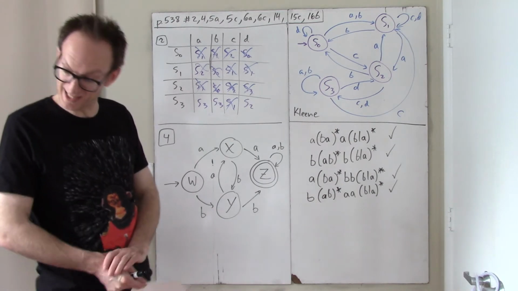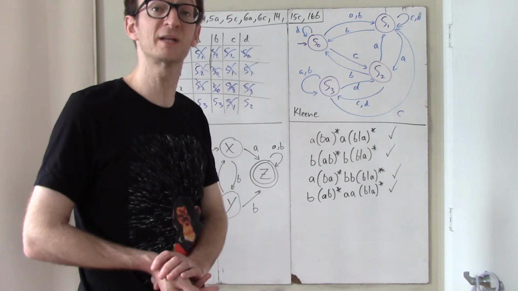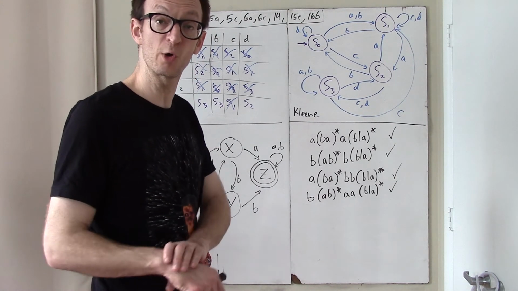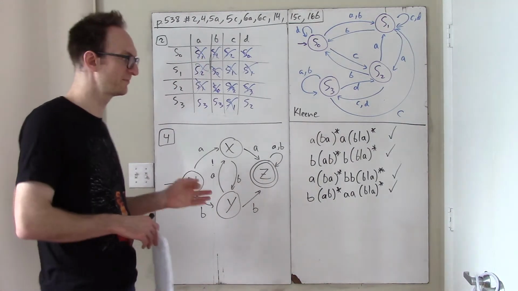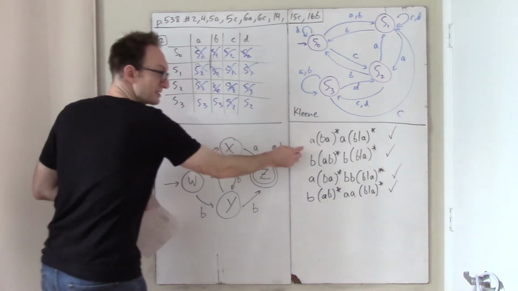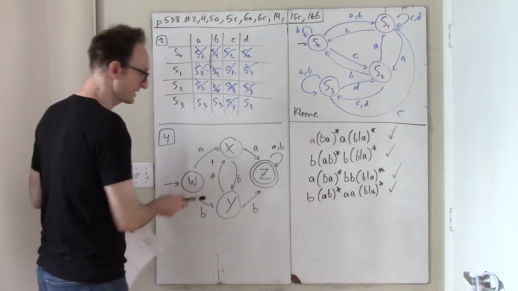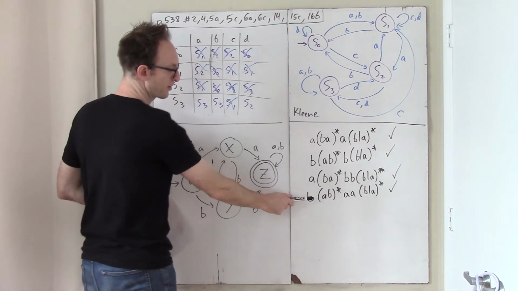And I actually did that last night for this machine, and I got a single expression which represents this machine. But though it is correct, it is very hard to understand, and so I'm not going to explain it this way. So this is an inefficient way of explaining what this machine does. But every string in this language is of this form, this form, this form, or this form.